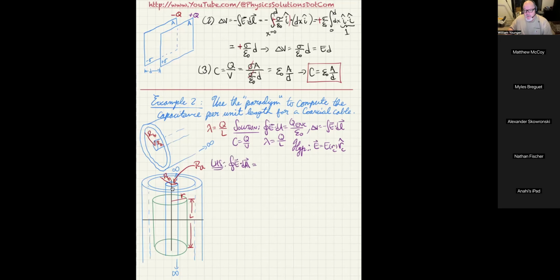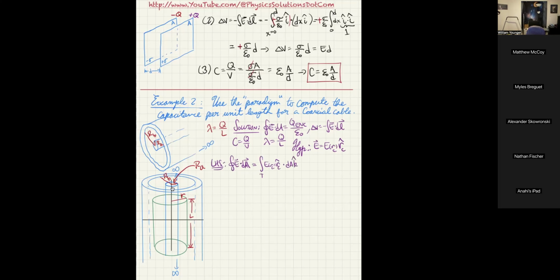We're using the cylinder, the soup can, if you will. But this time, the top and bottom, which had all the parts that mattered in the previous problem, aren't going to matter at all here. They're going to give us 0, but the soup label is going to give us what we want. So I can take the integral over the top of E of r cylindrical hat dotted with dA k hat.